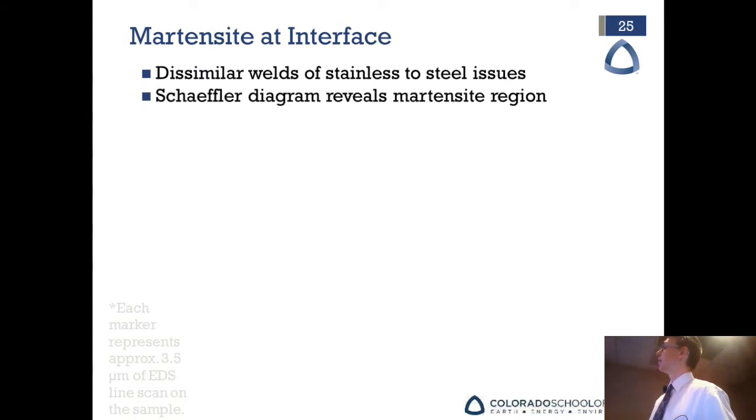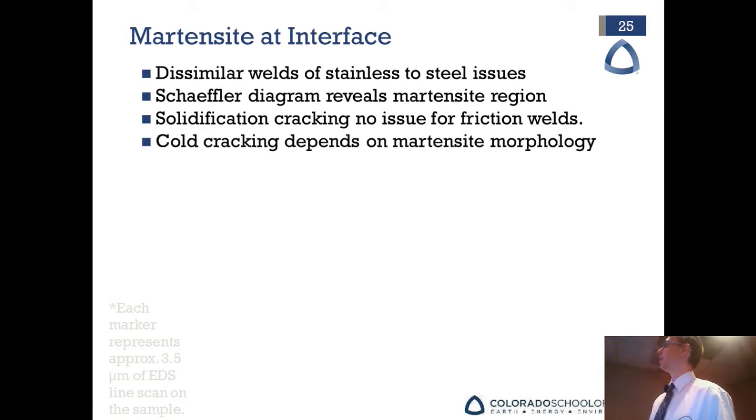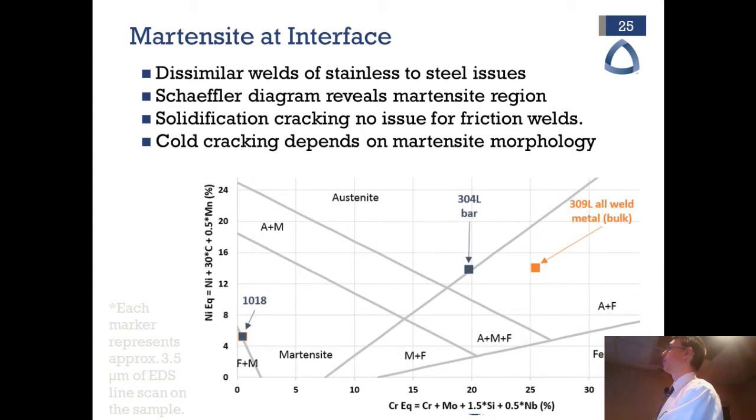So if you've done dissimilar welding, has anybody heard of the Schaeffler diagram? Okay, we've got fewer. It really helps with dissimilar welding. If you're welding a plain carbon steel to a stainless steel, it can really help you predict weld cracking.